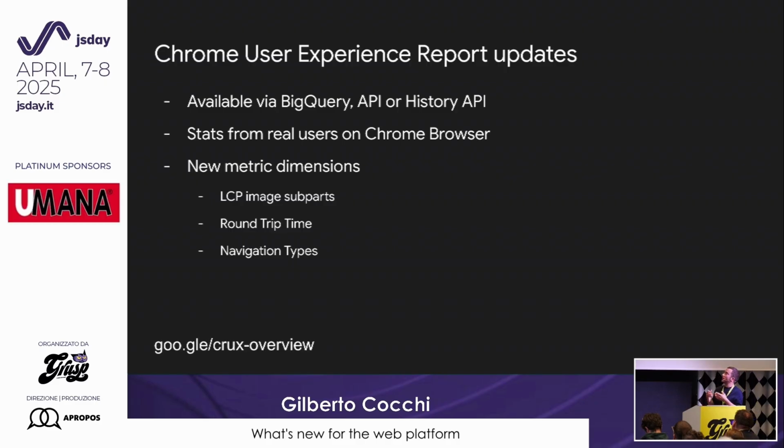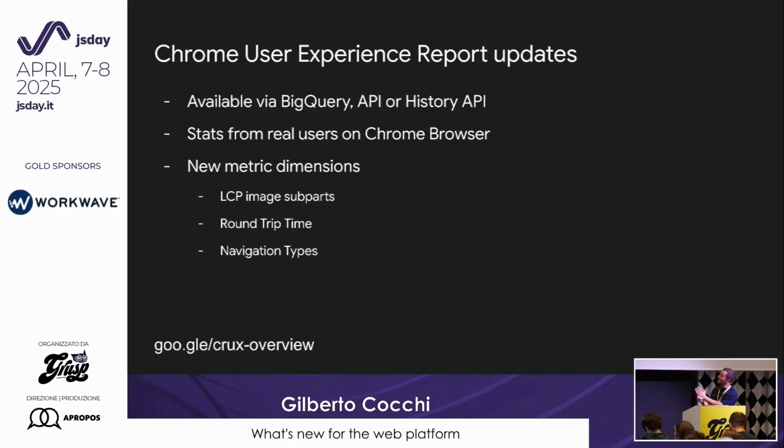And what we did in CrUX is that we added new metric dimensions. For example, before, Fabio showed that using client-side rendering may impact Largest Contentful Paint, or LCP. If your LCP is influenced by an image, it might be difficult to understand why the image was loading late. So we added a new dimension called LCP image subparts, so you can understand which part of the image loading is actually slow.